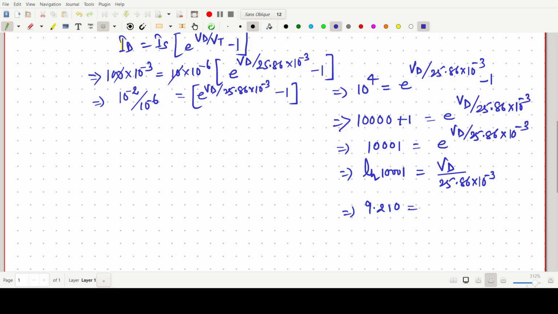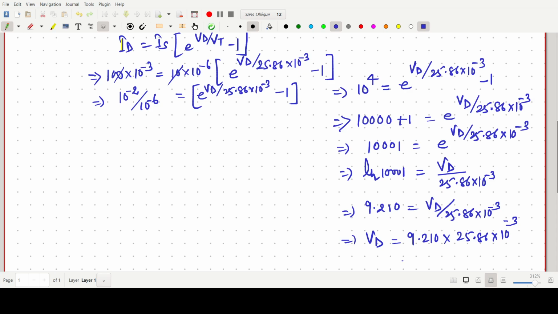9.210 equals to Vd by 25.86 into 10 to the power minus 3. Then after, if we calculate Vd, it should be 9.210 into 25.86 into 10 to the power minus 3. Okay, 9.210 and 10 to the power minus 3.